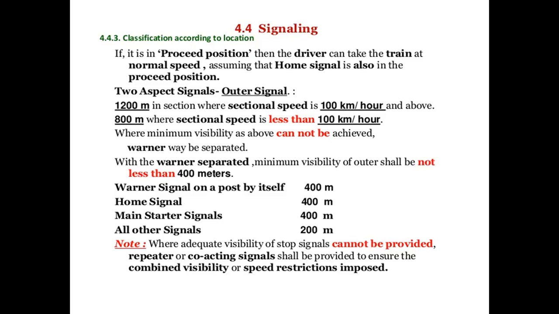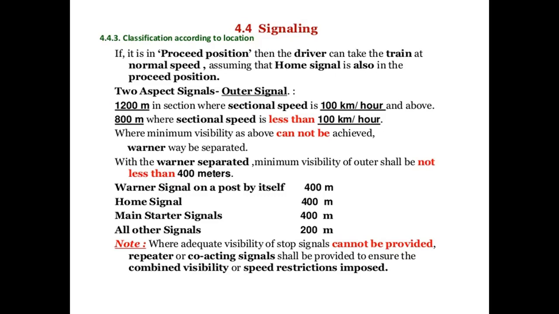If it is in the proceed position, then the driver can take the train at normal speed, assuming that the home signal is also in the proceed position. The visibility of the outer signal is like 1200 meters in sections where sectional speed is 100 km per hour, and about 800 meters where sectional speed is less than 100 km per hour.